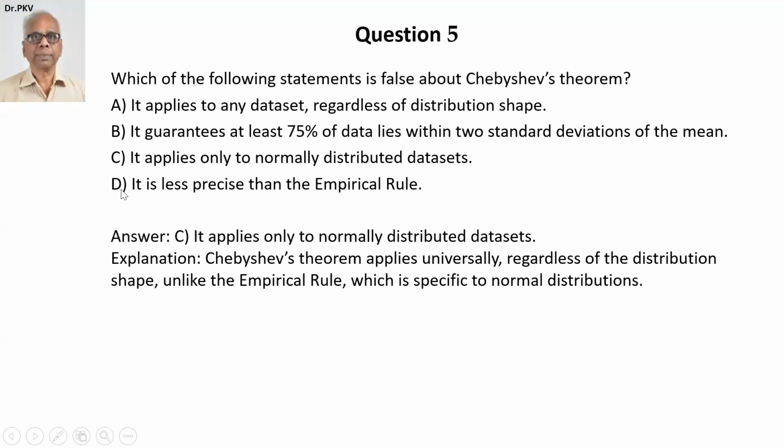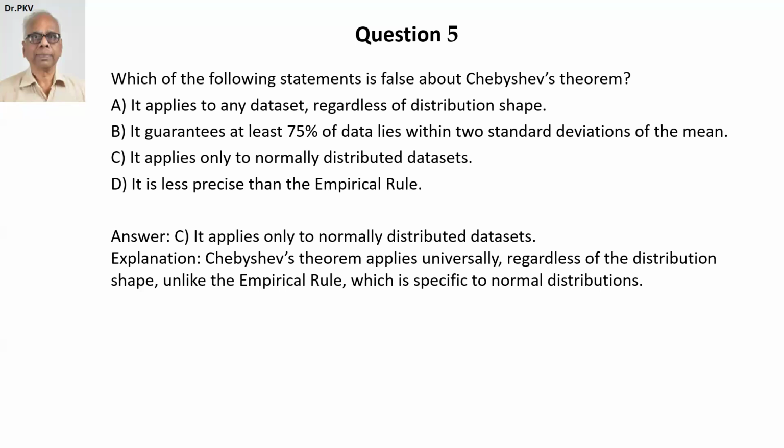And choice C, it applies only to normally distributed data sets, is false. Because Chebyshev's theorem applies universally regardless of the shape of the distribution. Unlike the empirical rule, which emphasizes approximately the data set behavior should look like a normal curve or a bell curve.